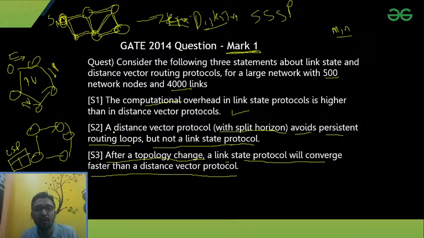Now statement 2, what is statement 2 telling? That distance vector protocol with split horizon avoids persistent loops. So what was the major problem in distance vector?